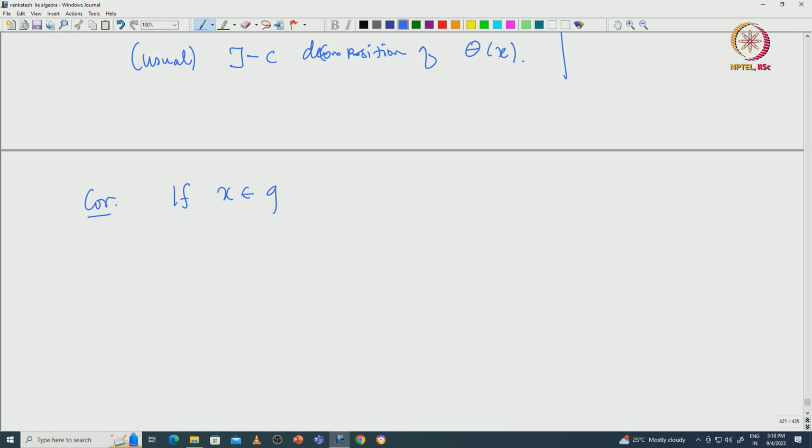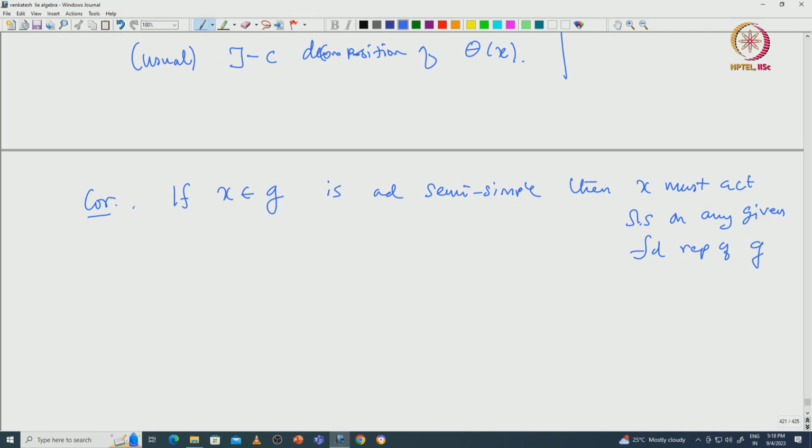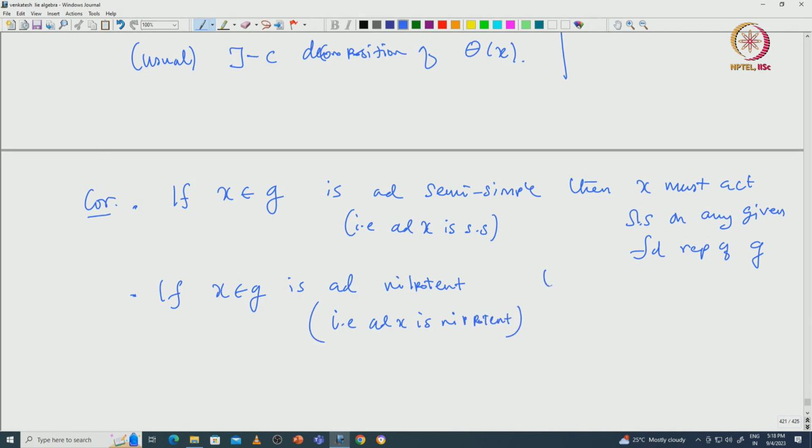So, if a given x in G is ad semisimple, then x must act semisimply on any given finite dimensional representation of G. Similarly, if x in G is ad nilpotent, that is, ad x is nilpotent, then x must act nilpotently on any finite dimensional representation of G. So, this is a very important corollary.